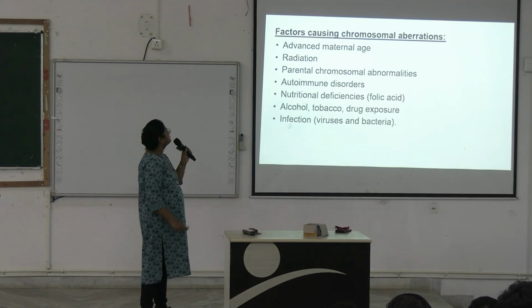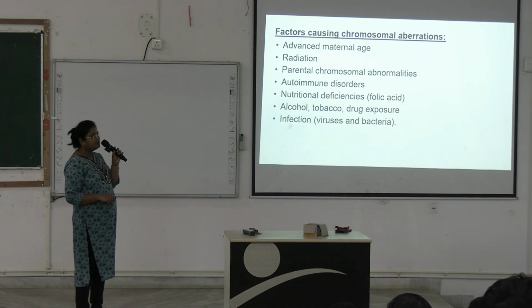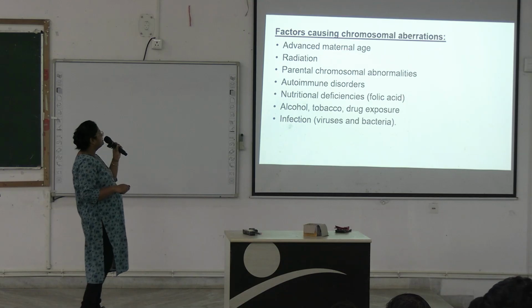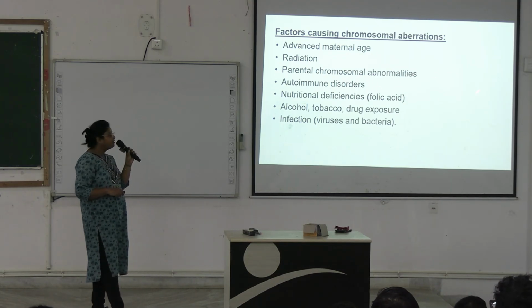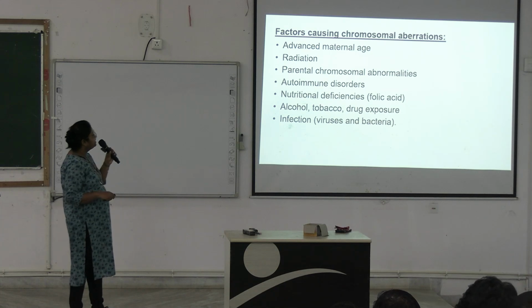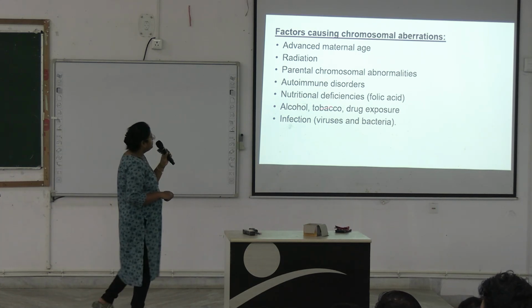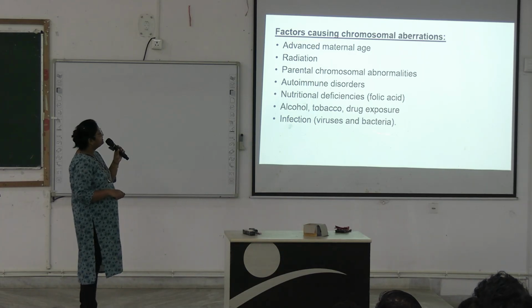Next. So these are the different causes of chromosomal aberration: advanced maternal age, radiation, paternal chromosomal abnormalities, autoimmune disorders, nutritional deficiencies like folic acid deficiency, alcohol, tobacco, drug exposure, infection of viruses and bacteria.